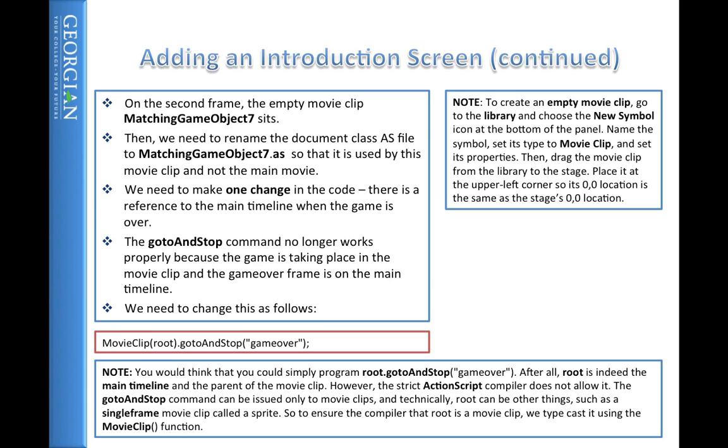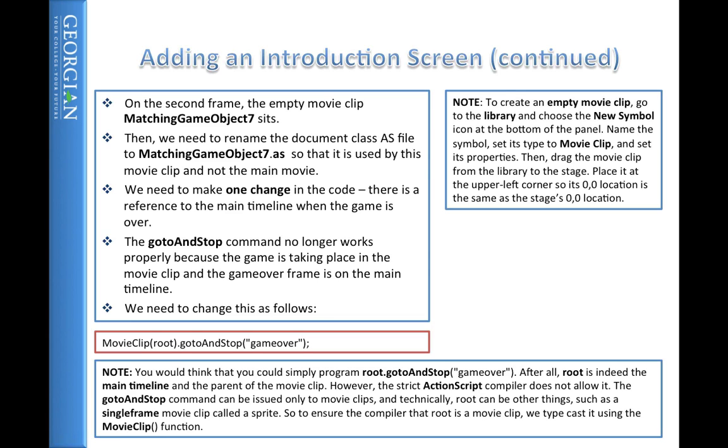What you can do is like this: MovieClip, and in brackets you cast root, the parent that you're looking at right now. Whatever the root of this movie clip is, you cast it as a movie clip, and you go to and stop the game over screen. You add this piece of code inside your movie clip itself.